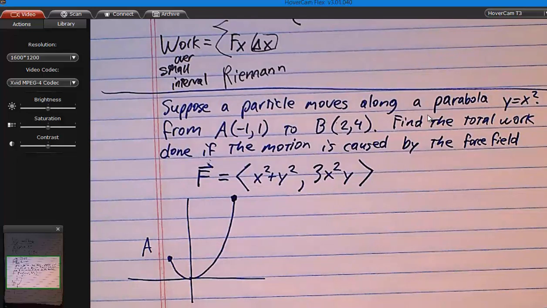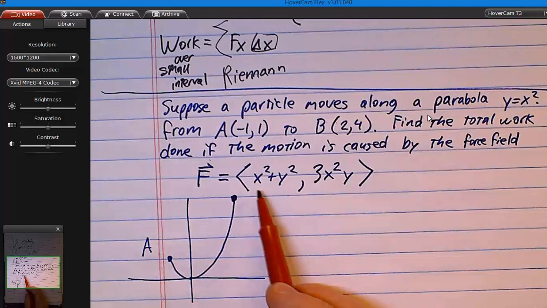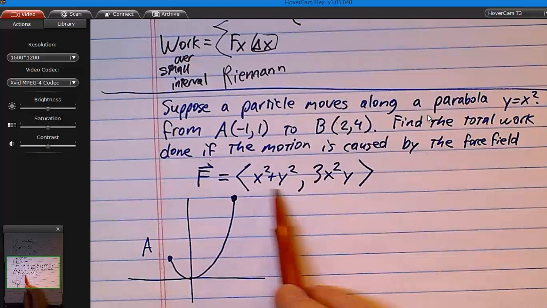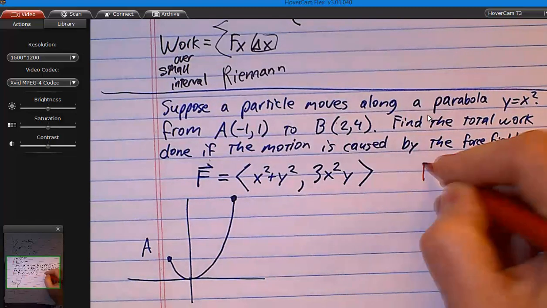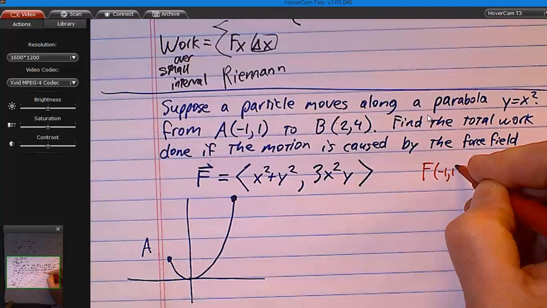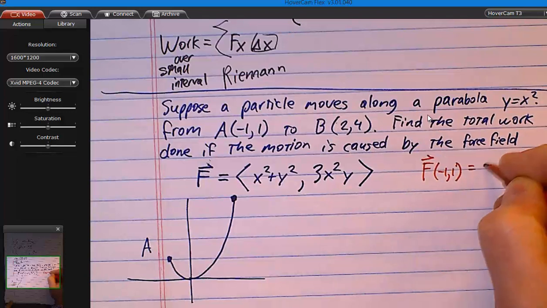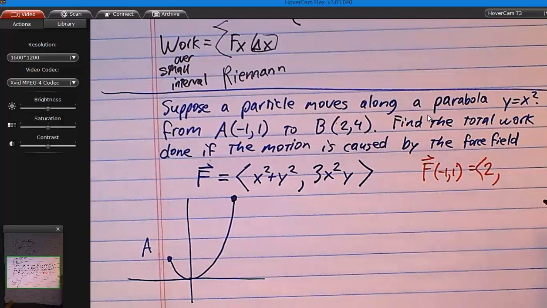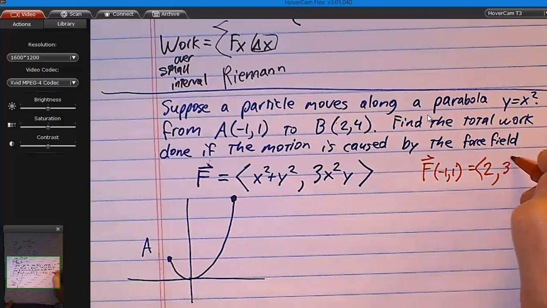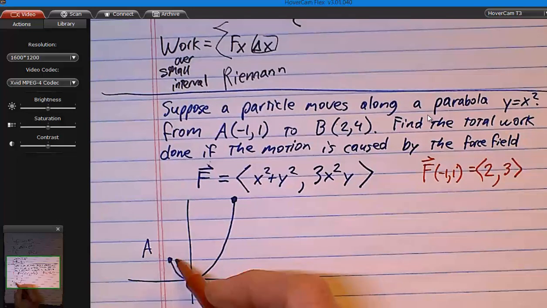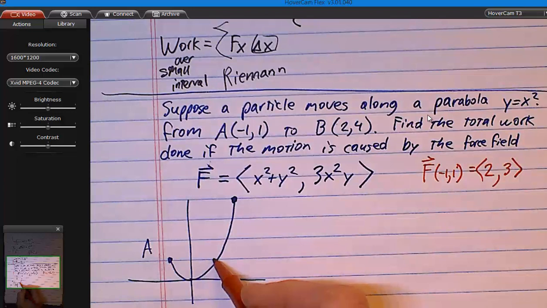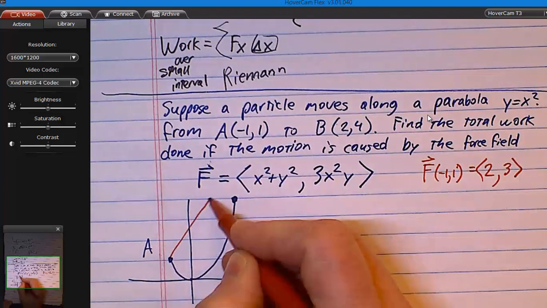Just curious. When you plug in negative 1, 1, what's the force? I guess the force, F of negative 1, 1 would be 2, comma, 3, right? So my force is like that at the start.